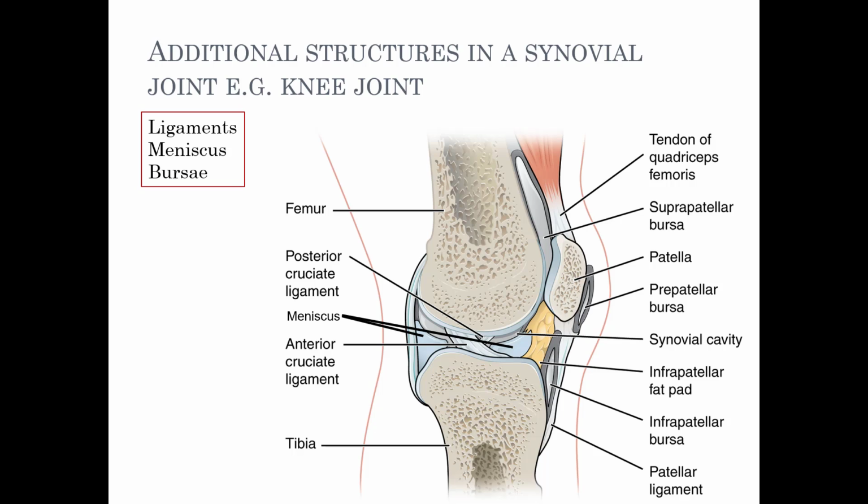There are a couple of other structures that are required in the knee joint in order to help it maintain its structure. The knee has a wide variety of potential movements, but there's the attempt to maintain only a certain degree of movement at the knee joint.